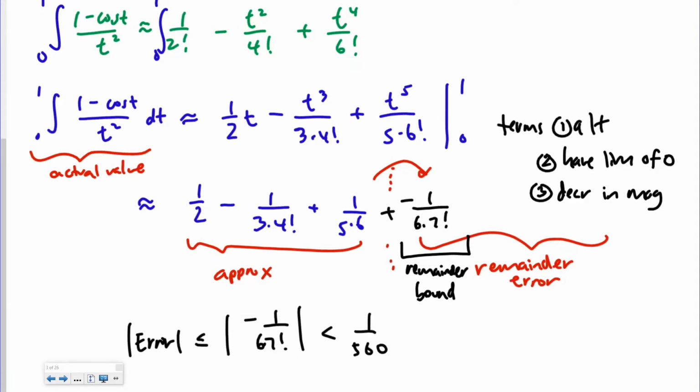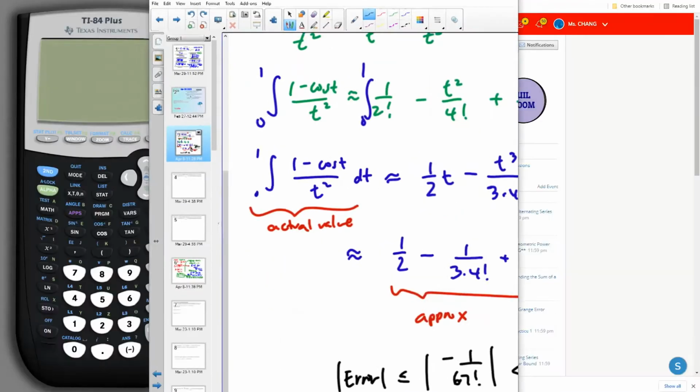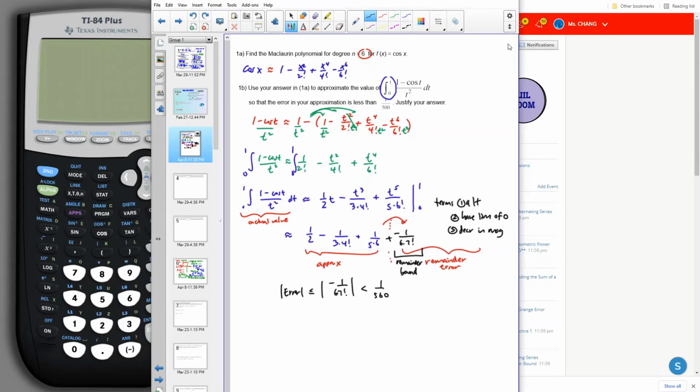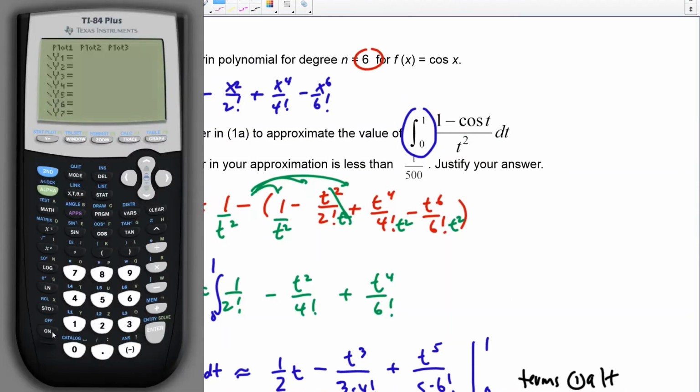And is this true? Well, I can look at my calculator and say, what's 6 times 7 factorial? So I'm going to pull my calculator in here. 6 times 7 factorial, what is 7 factorial?